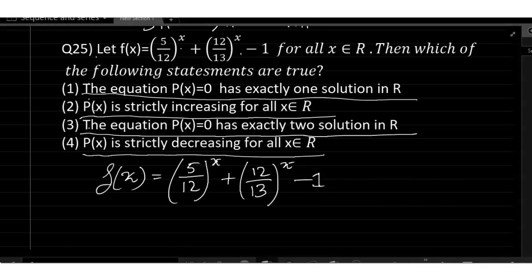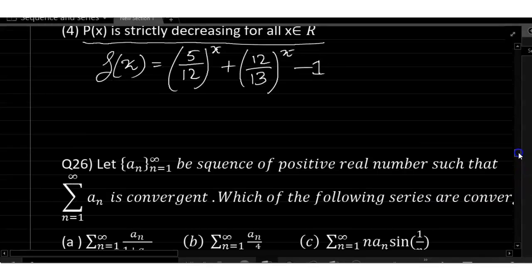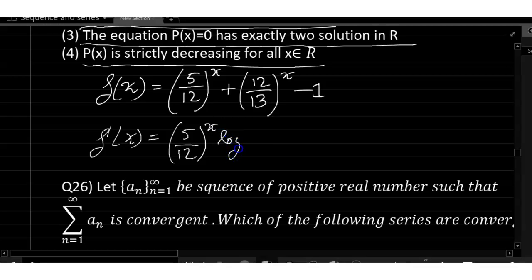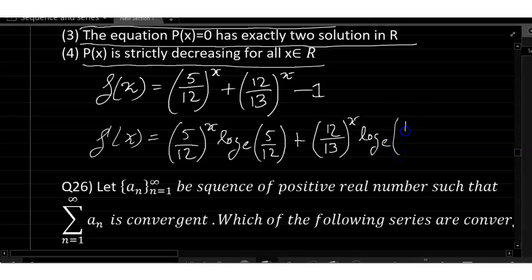So f dash x is equal to (5/12)^x log e (5/12) plus (12/13)^x log e (12/13). Is it greater than or equal to 0?